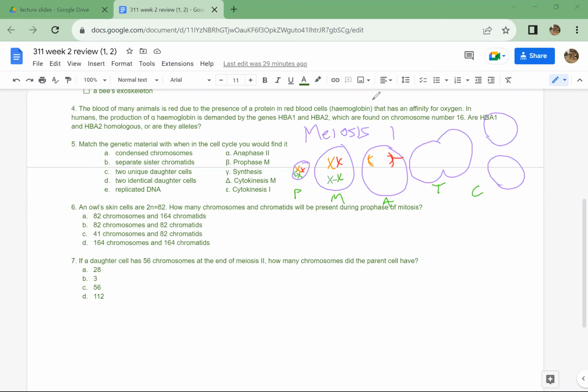They're actually being pulled away. Whoosh. Homologous chromosomes are pulled away from each other in anaphase. And then in telophase, we have these chromosomes. And how many DNA molecules or chromatids make up these chromosomes?